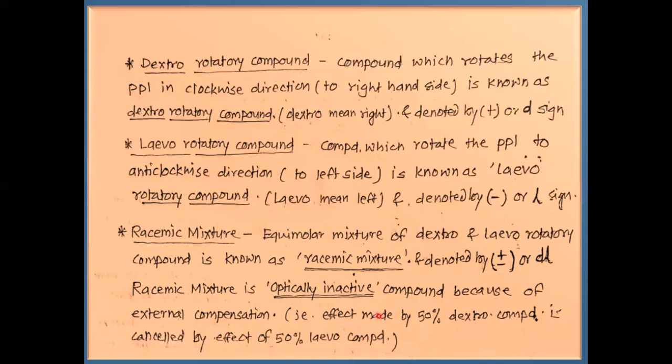The effect made by the 50% dextro is rotation by a certain angle in the positive, clockwise direction, and it gets cancelled by the presence of the levo compound, because it is also 50% and its angle of rotation is also of the same magnitude but in the opposite direction. So in this way, a racemic mixture is optically inactive.